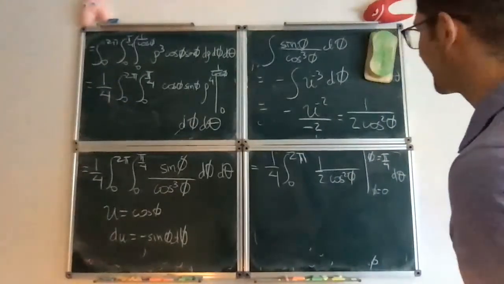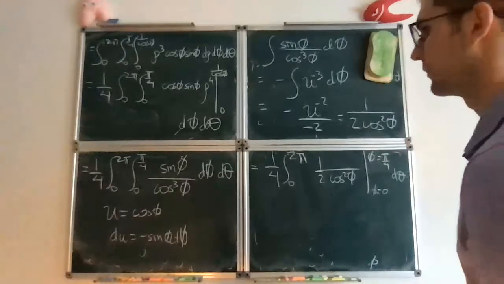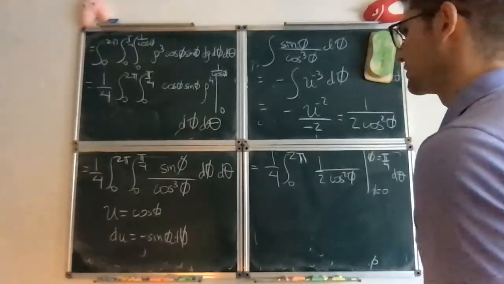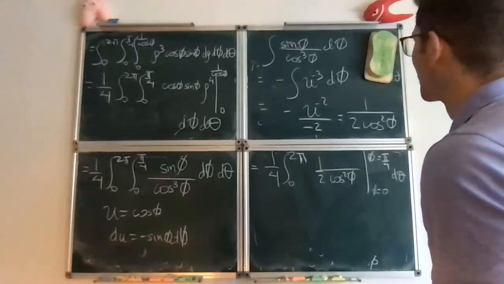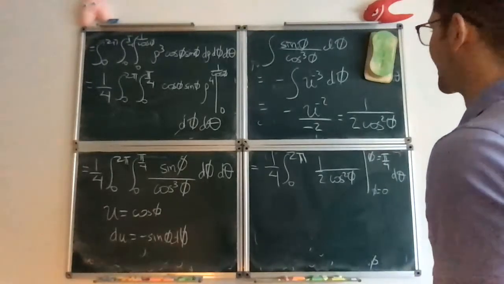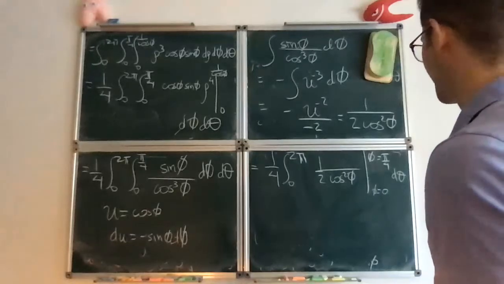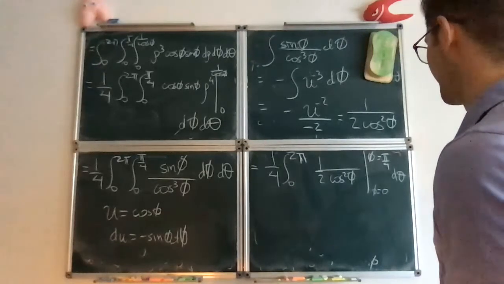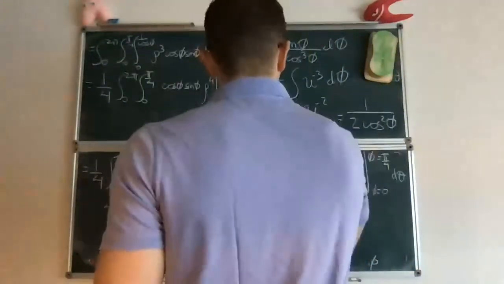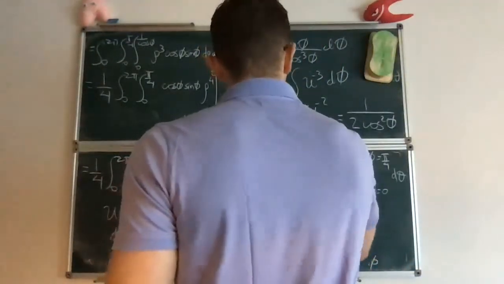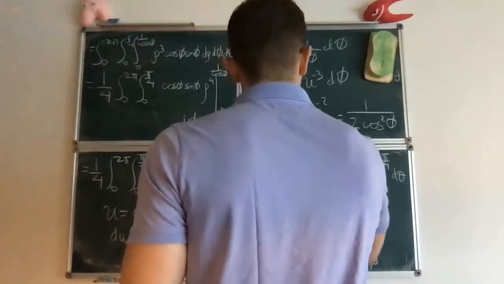And then, let's see, hopefully I'm not getting any signs incorrect. Okay, I think we're okay so far, I think this is fine. So this equals 1 over 8 times the integral from 0 to 2 pi.